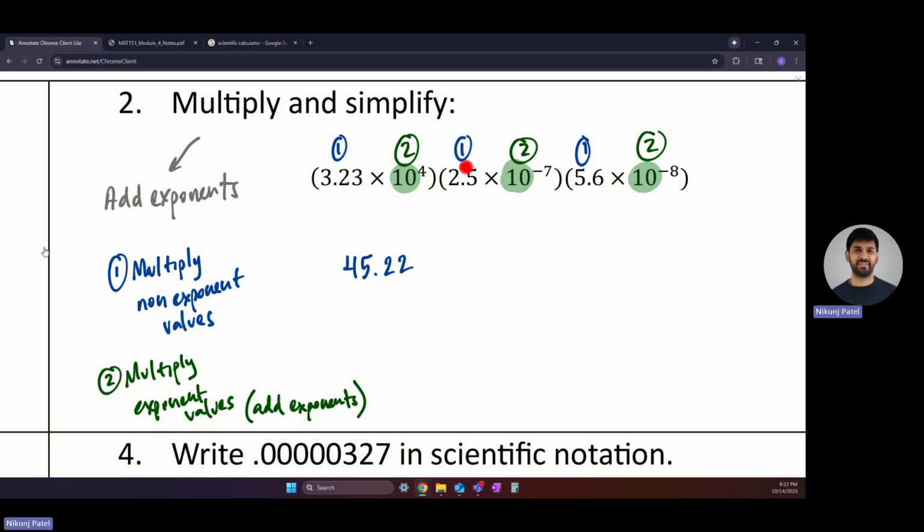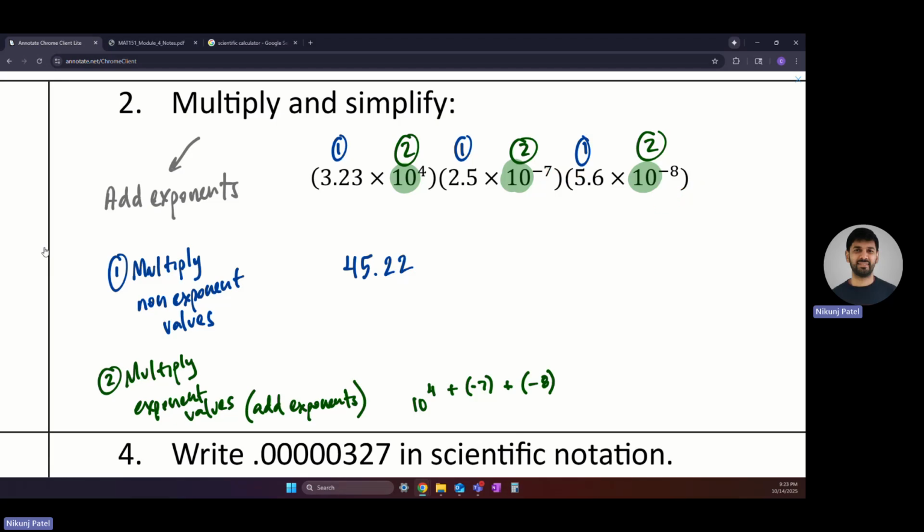Over off to the side, I'll write this out: we've got 10 to the power of 4 plus -7 plus -8. I'm pulling those three numbers from the three exponents, 4, -7, -8. We add them all up because we've got multiplication going all the way across.